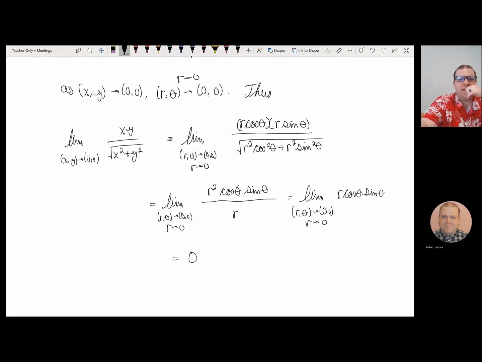Technically it's a right-handed limit for r, but that's implied because r can't be negative. Theta's going to be whatever. So it's just r approaches 0 if we approach the origin.